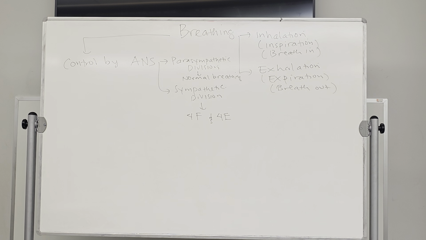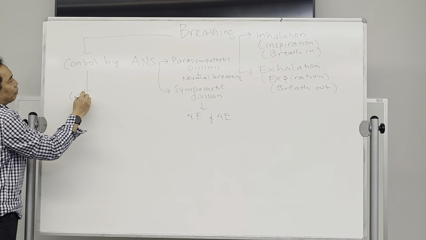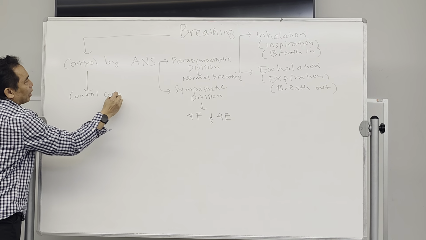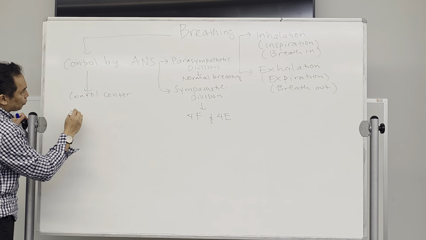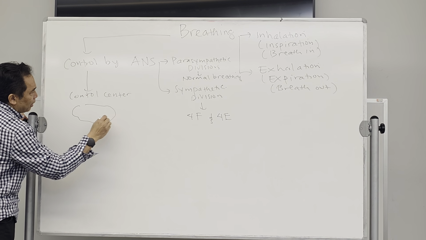Now, where is this ANS located? The control center for breathing is located in the medulla oblongata. Remember, the medulla oblongata is the place for most of the ANS control, including the cardiac and cardiovascular center. Now, let's say this is our brain.